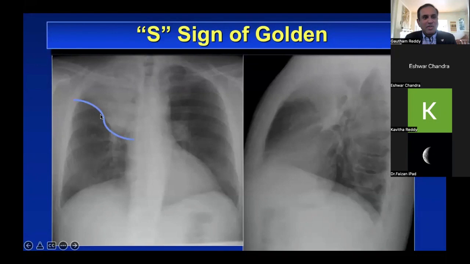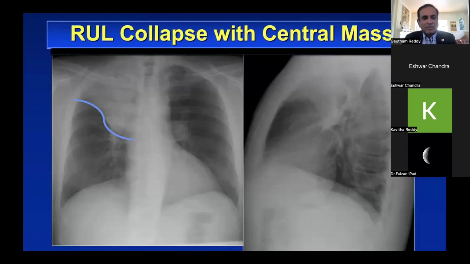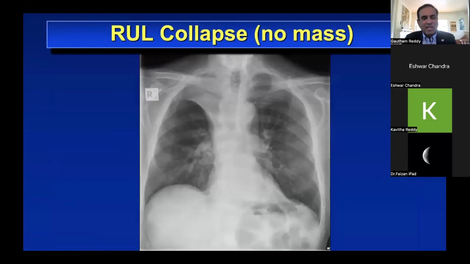So it's actually a reverse S. It's inverted, in other words, it's mirror image, but that's characteristic of right upper lobe collapse with a mass in the hilum pushing this border inferiorly. So it's either hilar or perihilar mass with the collapse.